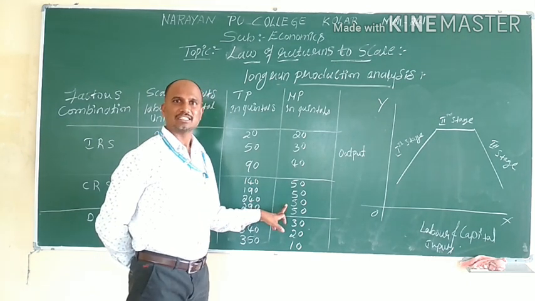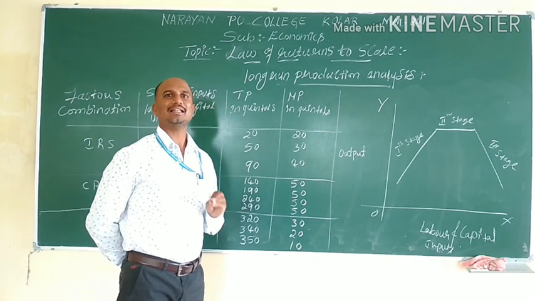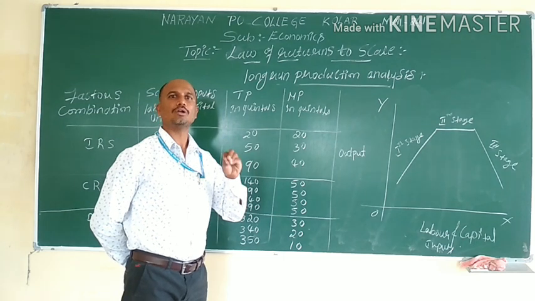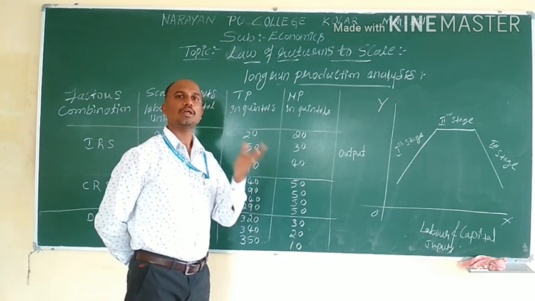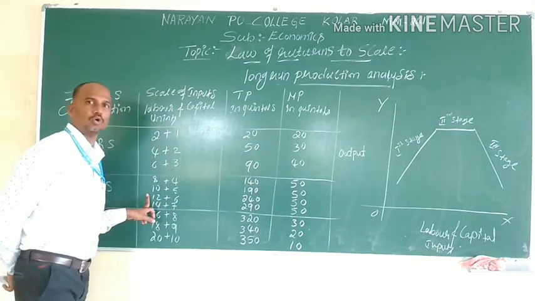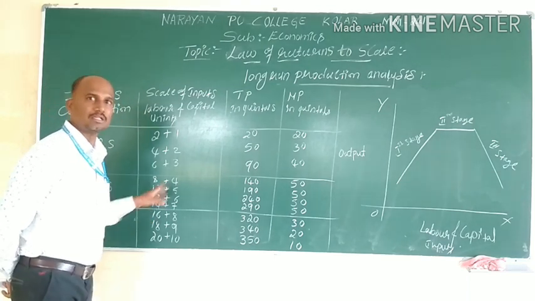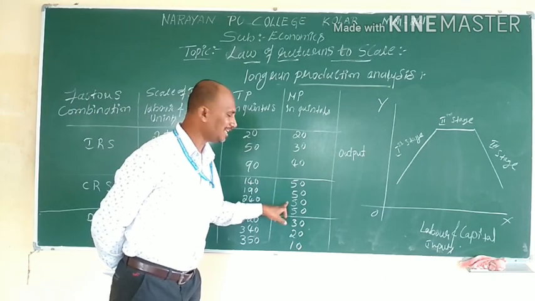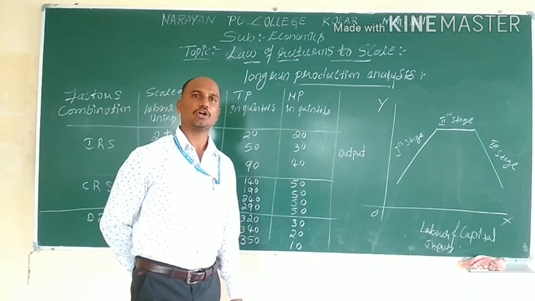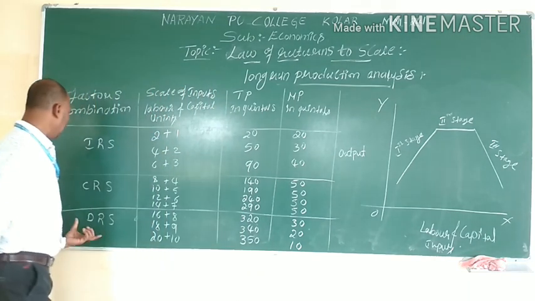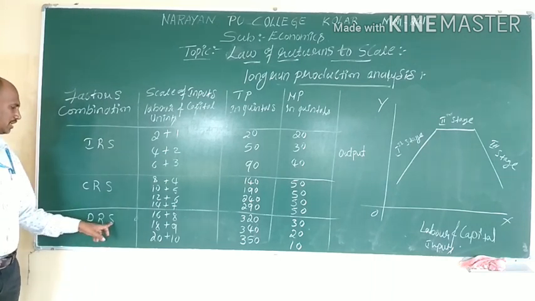Output also increases, but the proportional increase in the output is equal to the proportional increase in the input. Here the increase in the inputs is exactly equal to the increase in the output. That's constant returns to scale. And next, the final stage of returns to scale, decreasing returns to scale.